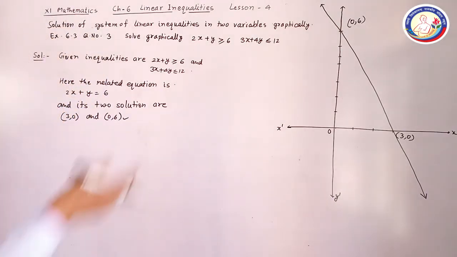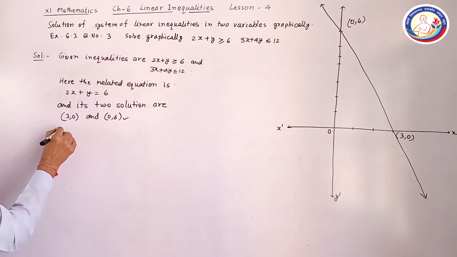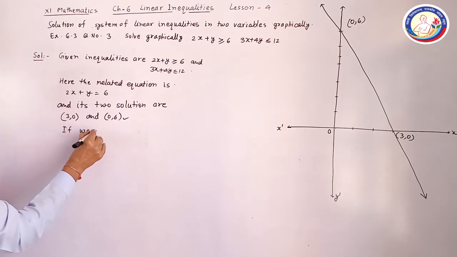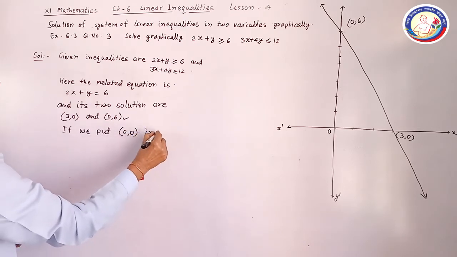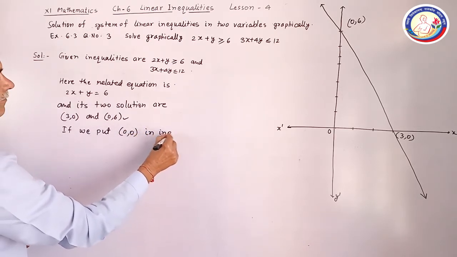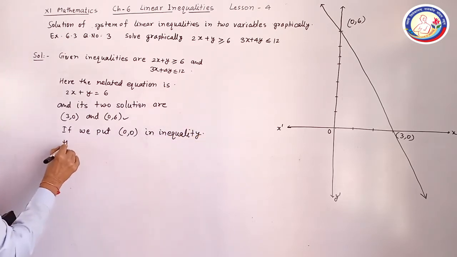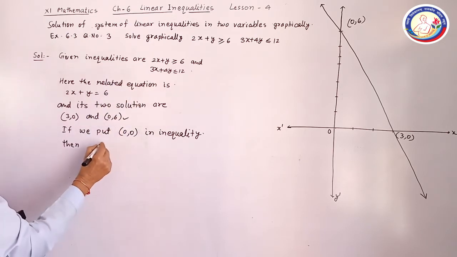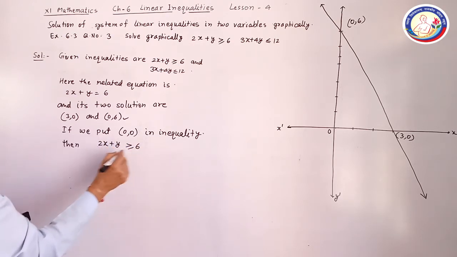Now put (0, 0) in the inequality 2x plus y is greater than or equal to 6.